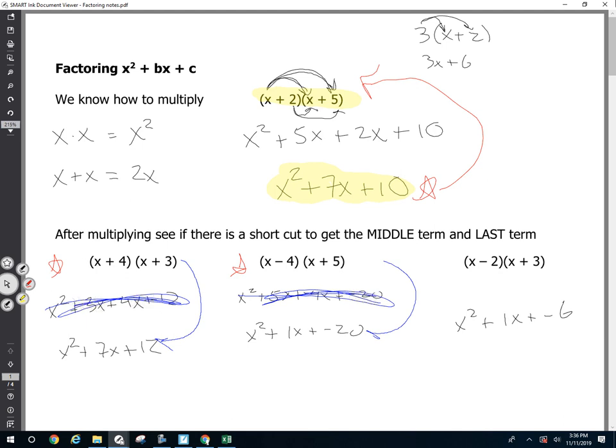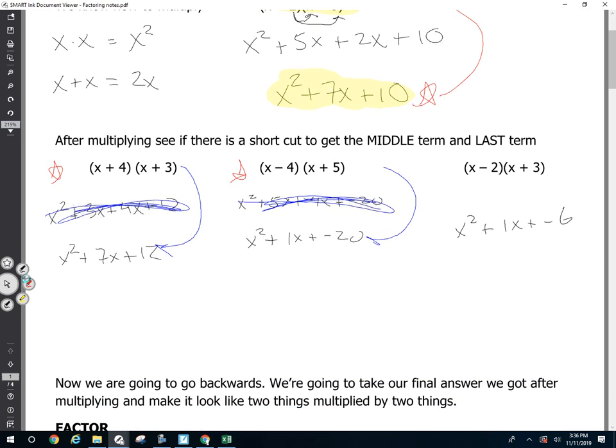What we are going to do today is understand that this number right here was negative 2 plus 3. This number right here was negative 2 times 3. This number, negative 4 plus 5. This number, negative 4 times 5. This number, 4 plus 3. This number, 4 times 3.